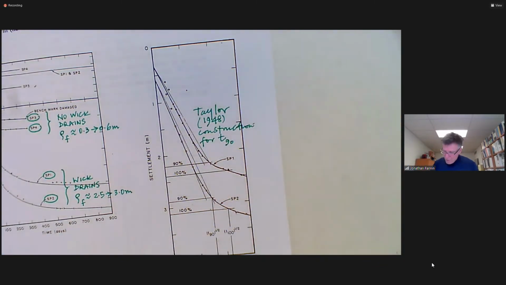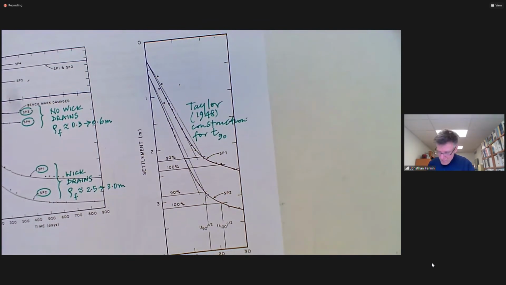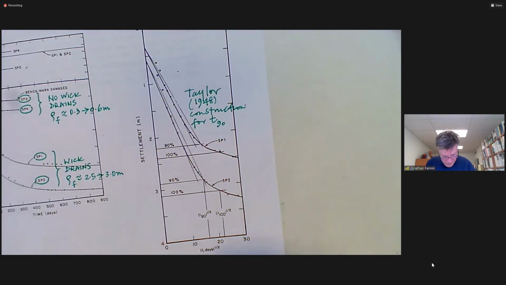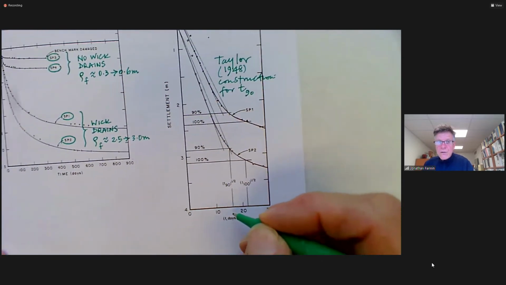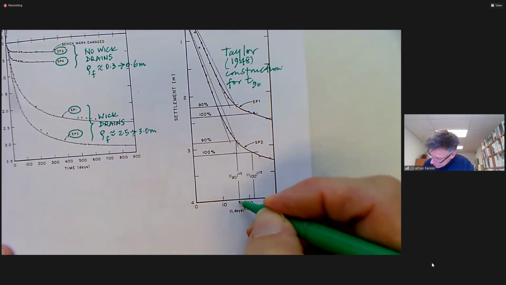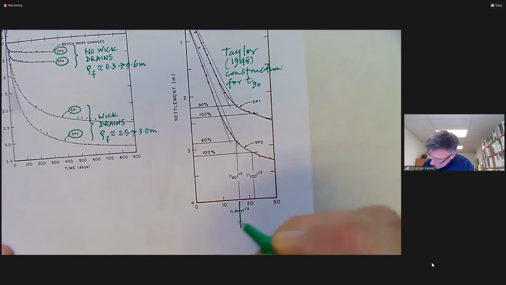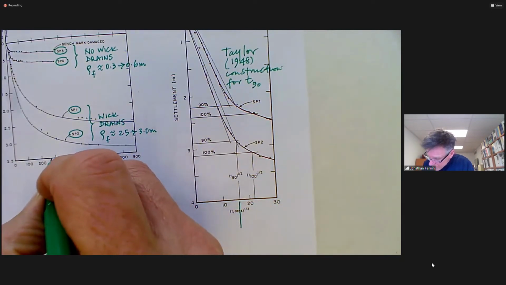And it turns out that T90 is about 260 days. So we can come out of here, and I'm going to put 260 there.